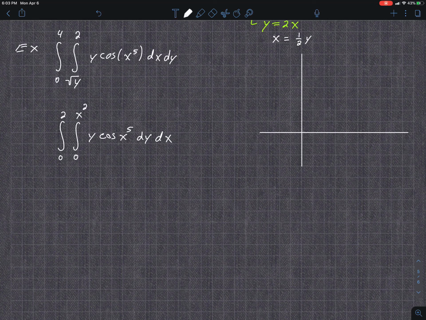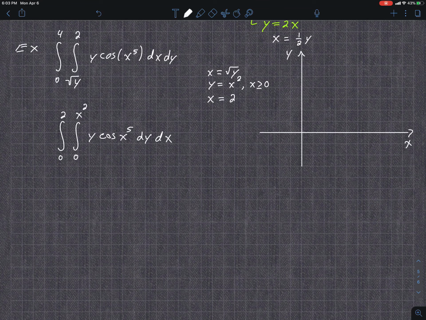Then let's graph that region. If we graph that region, it looks like this in the xy plane. So we have x equals root y, or y is equal to x squared for x positive.